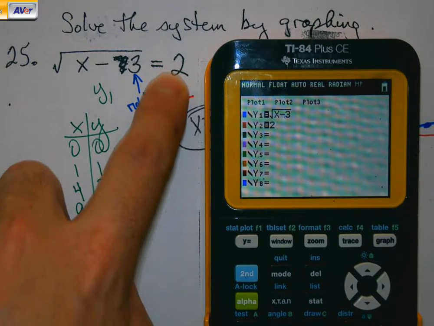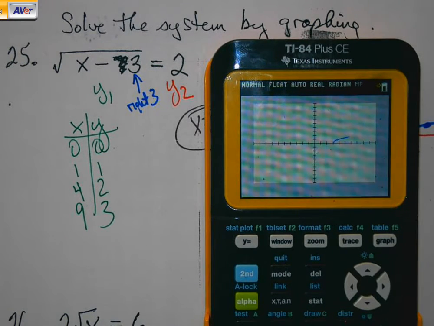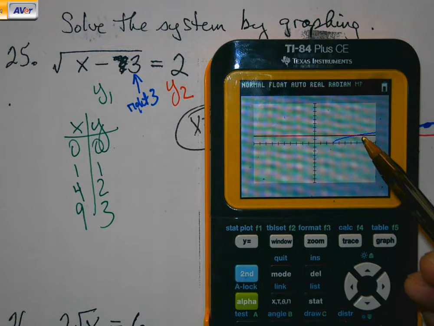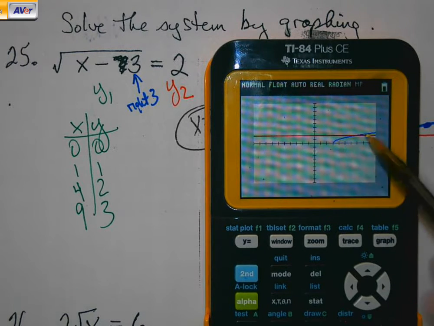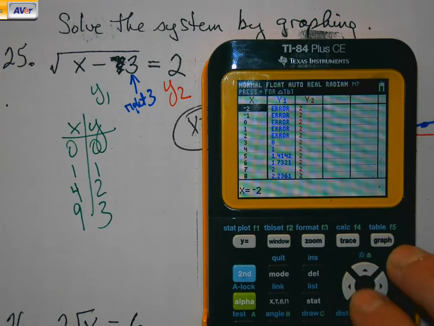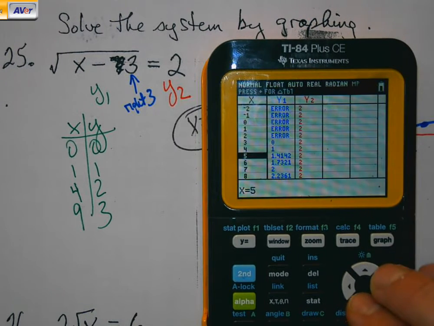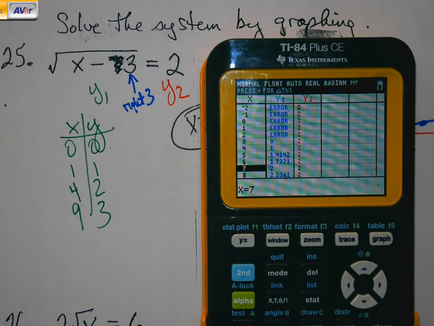My y2 is 2. That's why we labeled them. I could look at the picture, and I do see that they cross down here. Looks like about 1, 2, 3, 4, 5, 6, 7. Again, I'm pretending I don't know the answer already. And so I start scrolling down until I see the same y value, 2 and 2. And the x value is my answer.